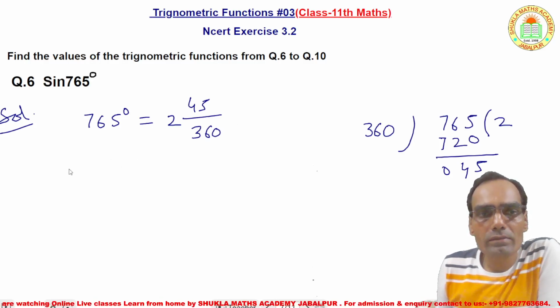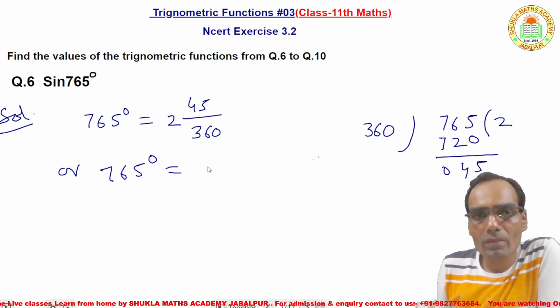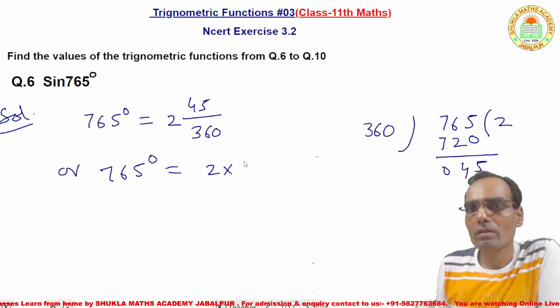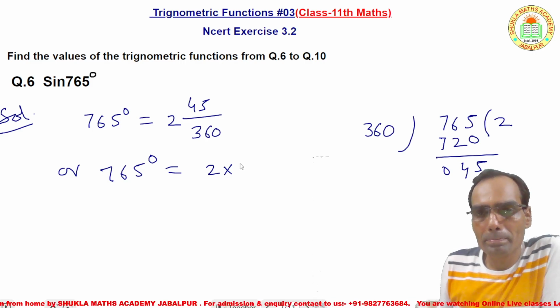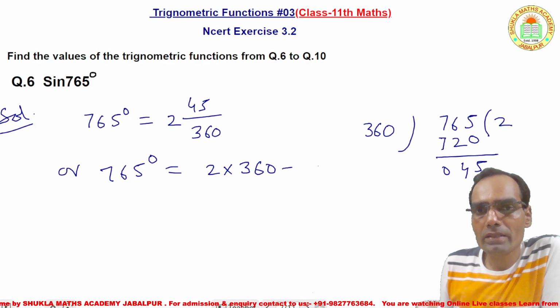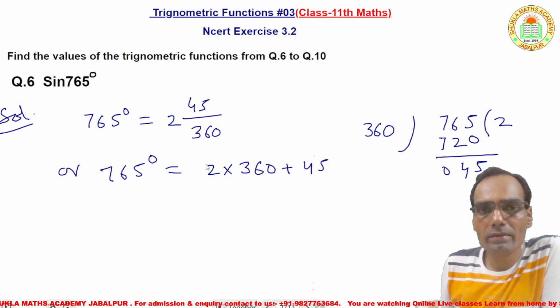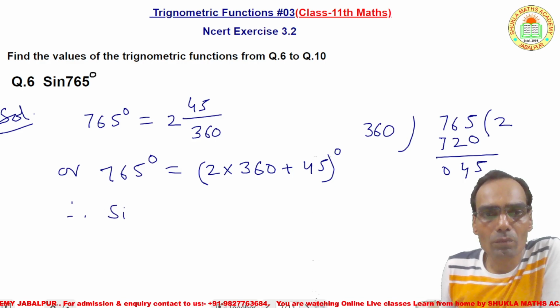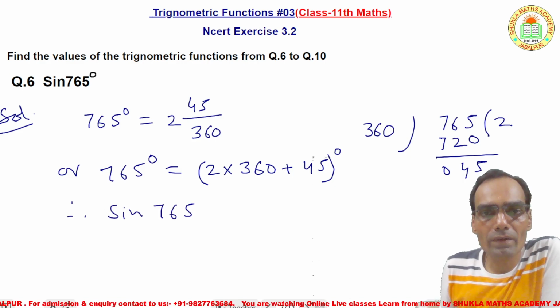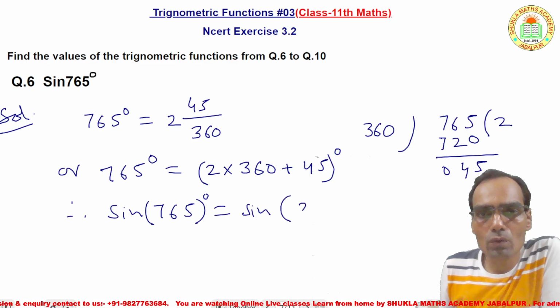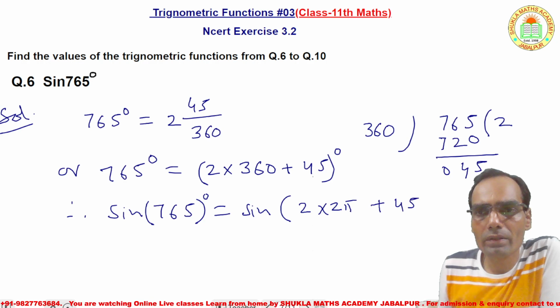So 765 degree equals divisor times quotient plus remainder 45, right? This in degrees, and take the sine on both sides, so we get sine 765 degree equal to sine of 2 into 360 degree, or we can write this as 2 pi, plus 45 degree.